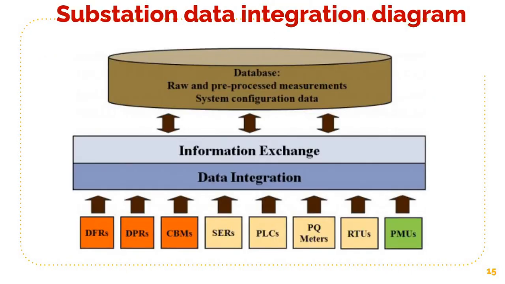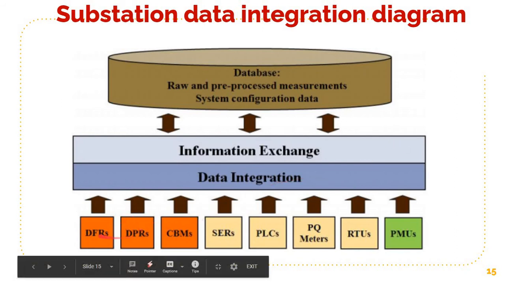This picture shows the data integration done in a substation. So signals are coming from DFRs, DPRs and CBMs, and also SCRs. SCRs stand for substation event recording, PLCs, programmable logic controllers, PQ meters, remote terminal units and phasor measurement units.